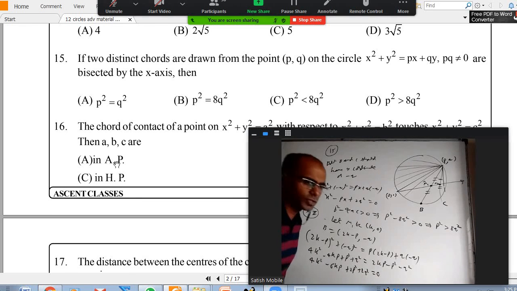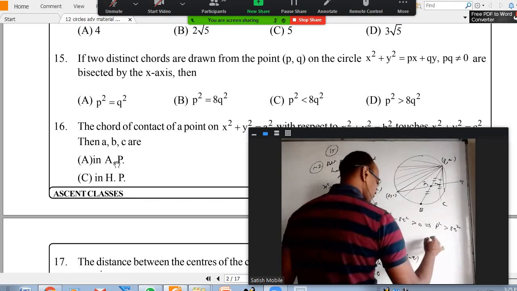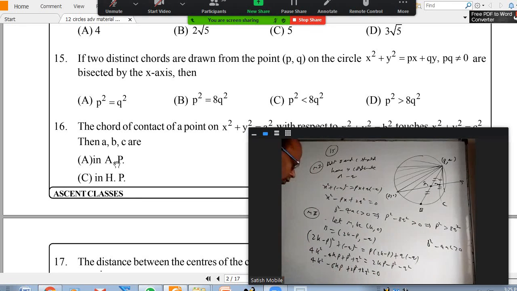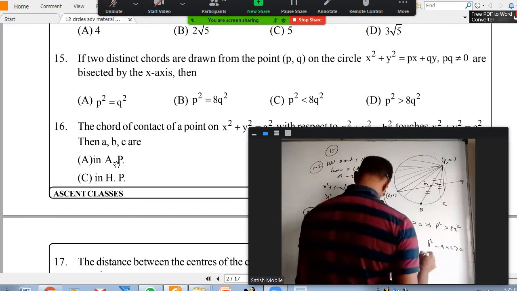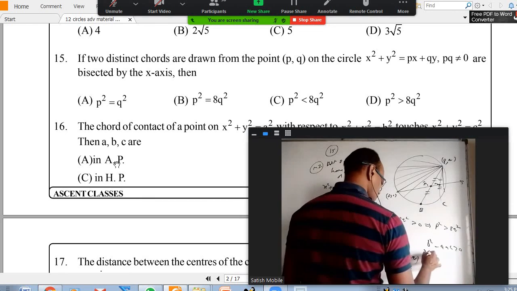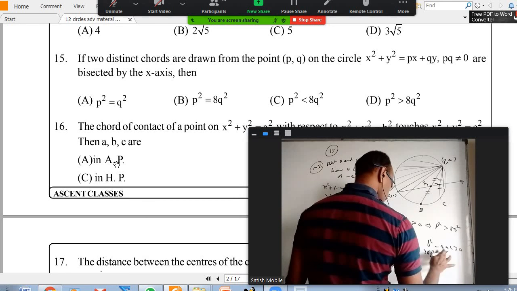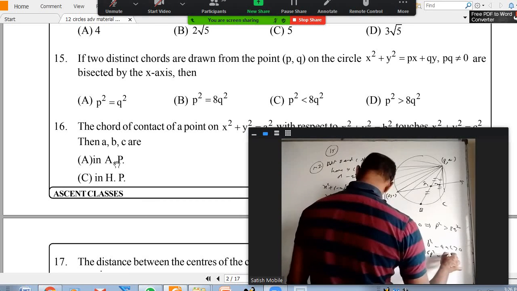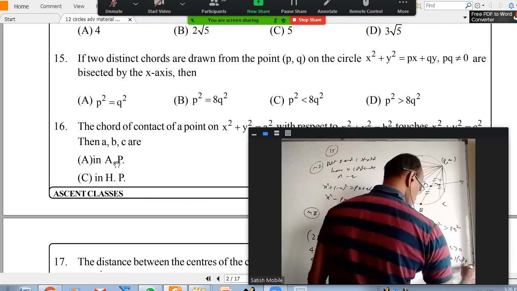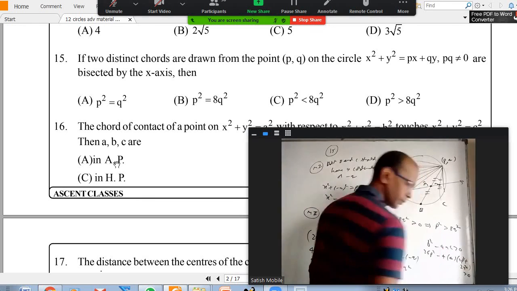For this, if I take this one, this square will come 36. No, the k coefficient is 6p. Okay, 6p. That is 36p square minus 4 into 2p square plus 2q square, which should be greater than 0.